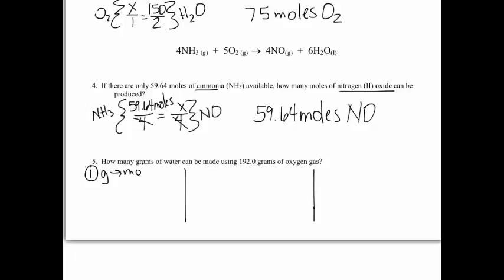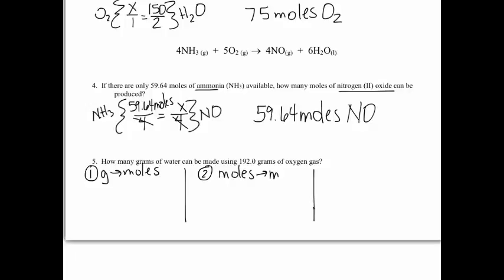We can't compare grams of water to grams of oxygen. Our proportion is based on number of moles or number of molecules, and the masses are going to be different depending on the GFM of the substance. So we have to convert the mass to moles before we can compare our moles to our moles, which would be the next portion of the question.